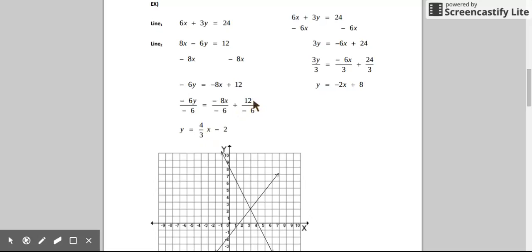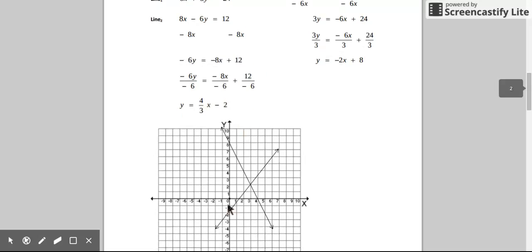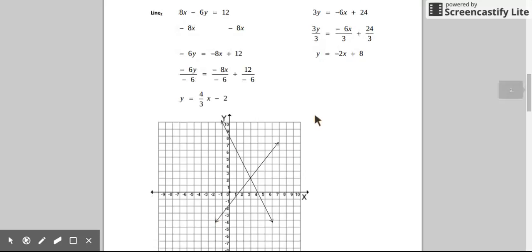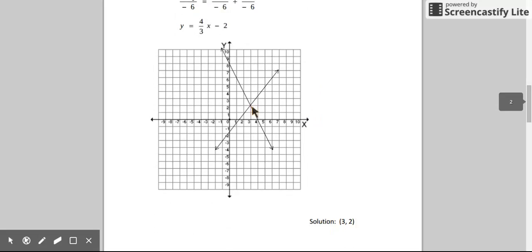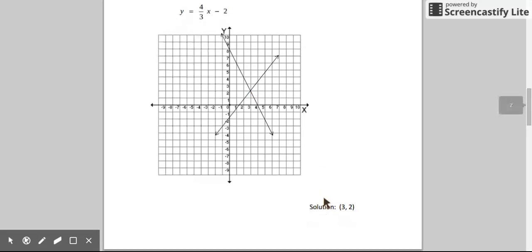And then our y-intercept is 12 divided by negative 6, which is negative 2. So start at negative 2 on the y-axis and use your slope of up 4, right 3 to get your other points on the line and draw your line. Since we plotted both lines, we're looking for the intersection point. It happens at the location 3, 2. So there's the solution to our system.